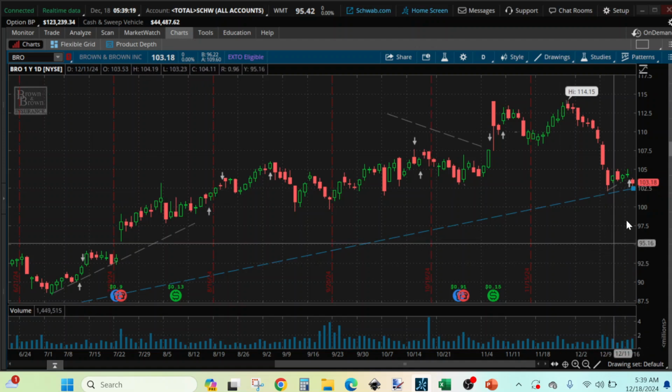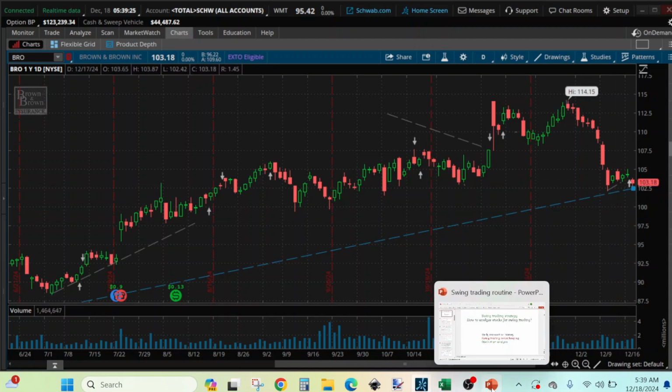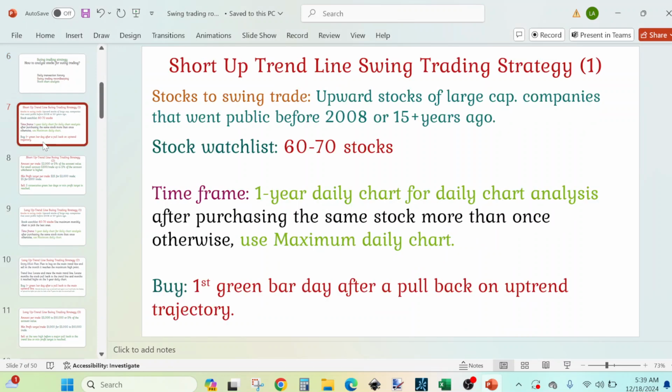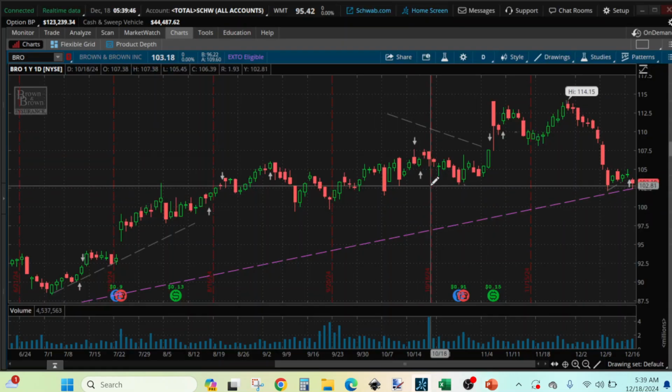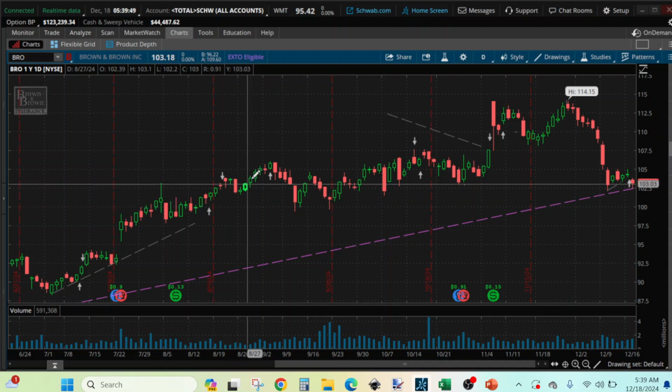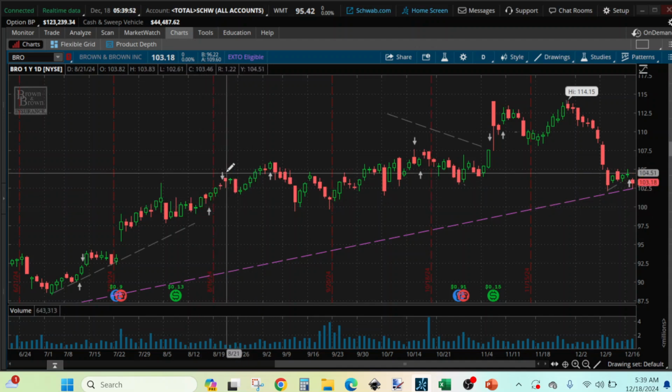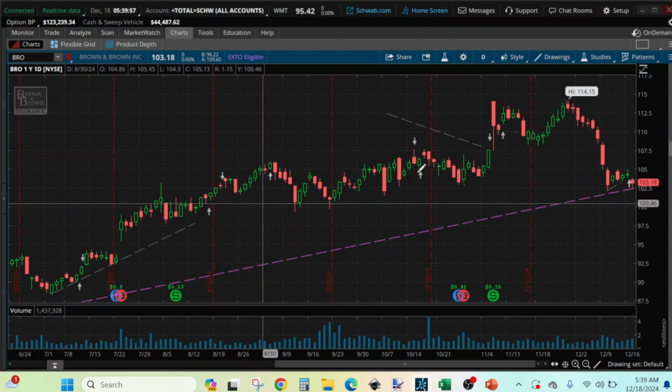So at this point, we can talk about the swing trading strategy we are using. We are using the uptrend line swing trading strategy. We used the short version of it, the short trend line swing trading strategy, during most of 2024, where we aim for a short trend line to purchase and sell the stocks on the upswing side of the trend, enter and get out before it pulls back whenever possible.